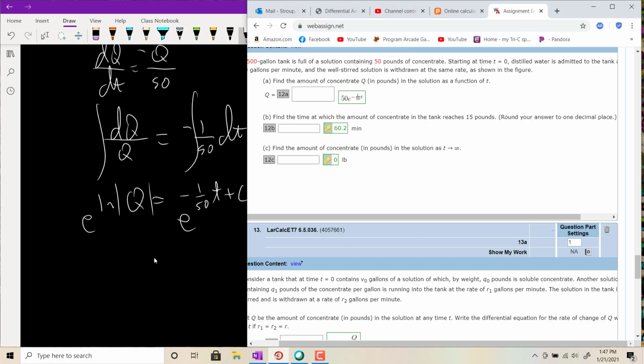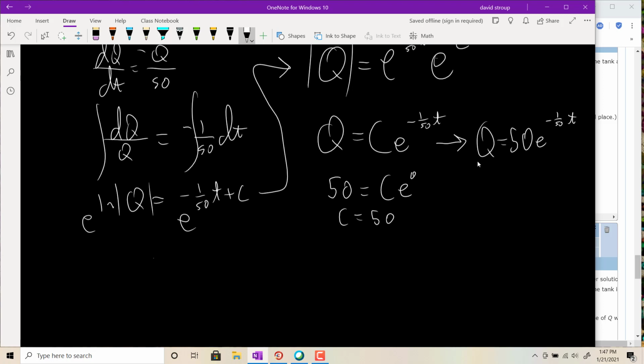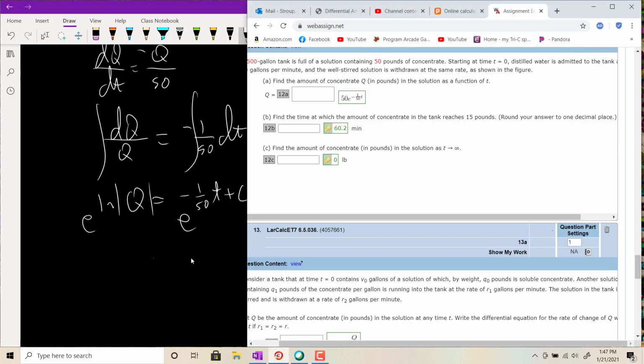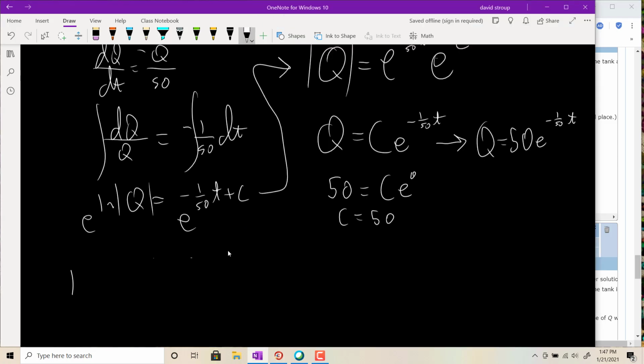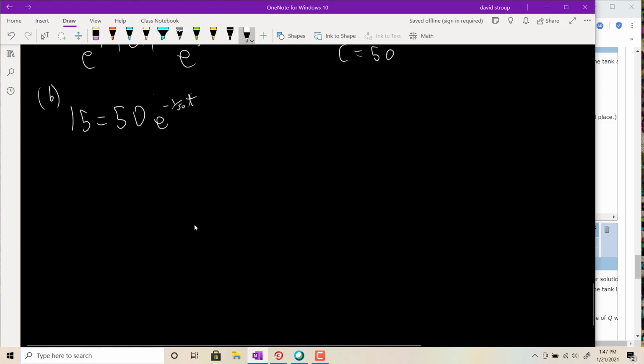Find the time. Sorry, 15 pounds. So you just set Q equal to 15 and solve for t. So this is part A, this is part B.